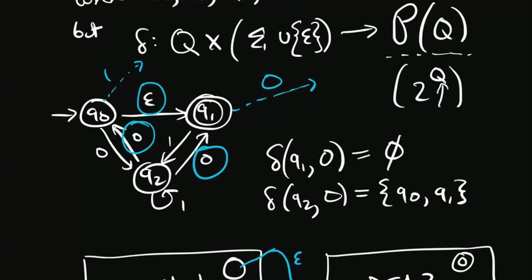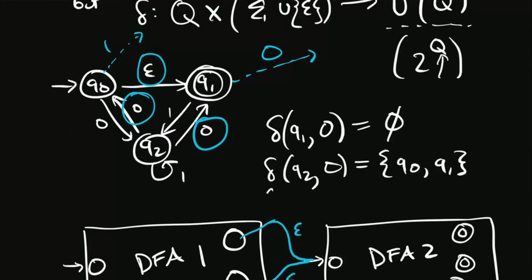That's actually a better answer than you may think. Let's do that one. Q0 reading a 0. What is that set? State your answer again. Q1 and Q2. So that's the answer that was given. Does everyone agree with that? I would have guessed just Q2. Why is it just Q2?